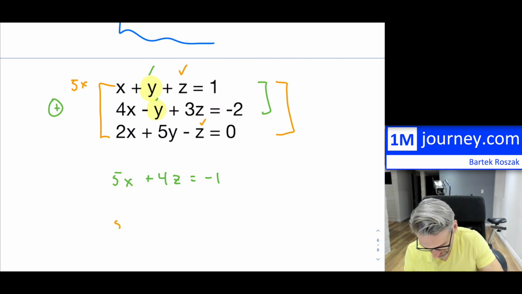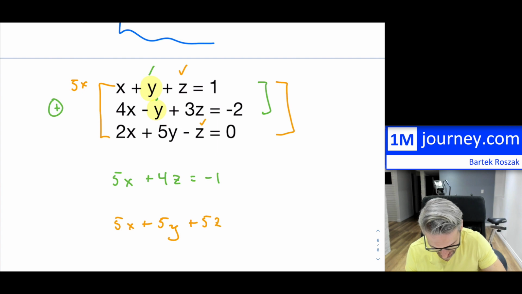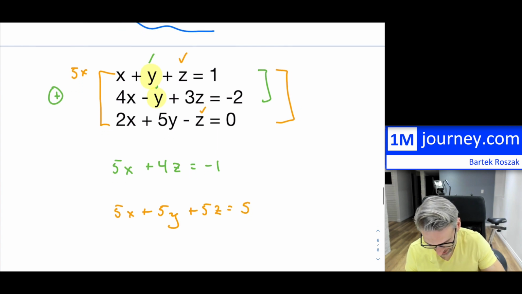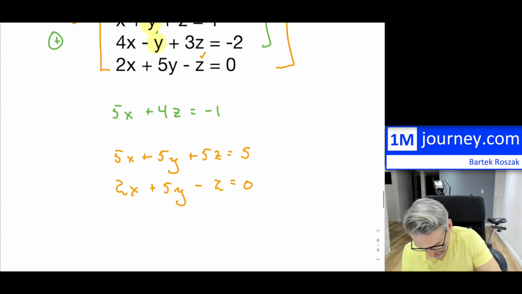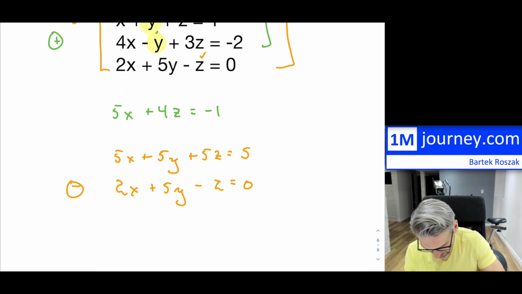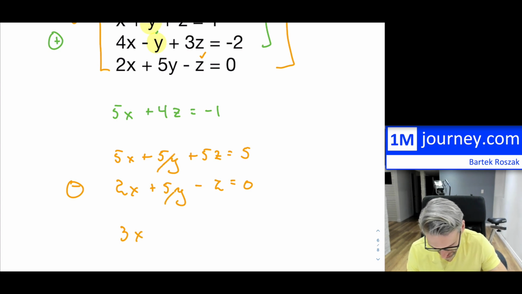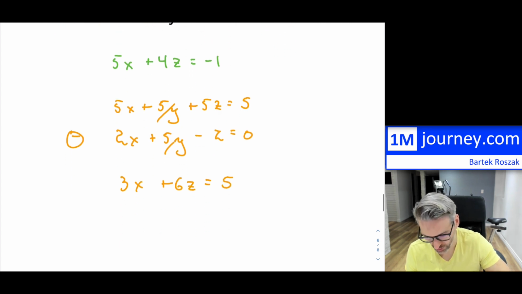So I'm going to get 5x plus 5y plus 5z is equal to 5. And the second one is just going to stay alone: minus z is equal to 0. All right, so let's subtract them. I'm going to get 3x, and the y is gone. And then we're going to get plus 6z is equal to 5. All right, so now I have my two.